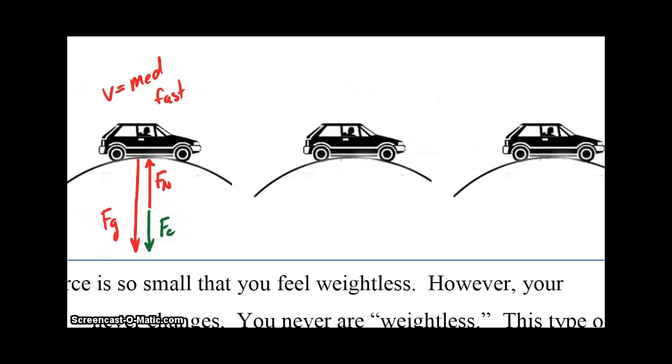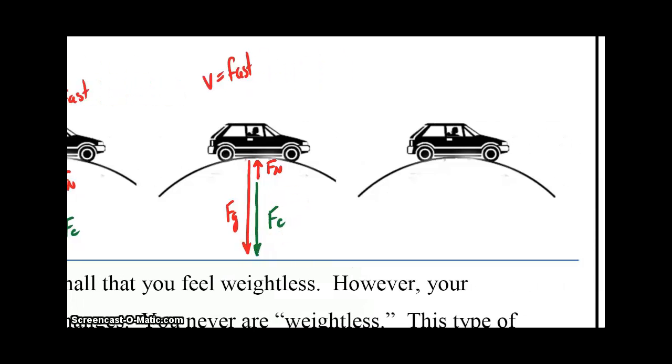Then we can continue thinking about this. This is kind of like a thought experiment. Now we're going fast. The force of gravity is the same, but the normal force is even getting smaller. Centripetal force is getting larger. And then finally we get very fast.